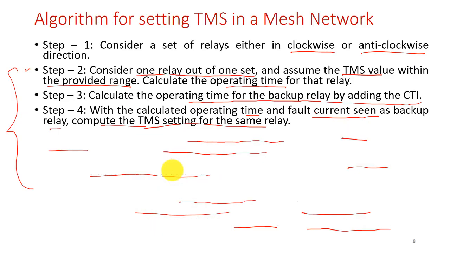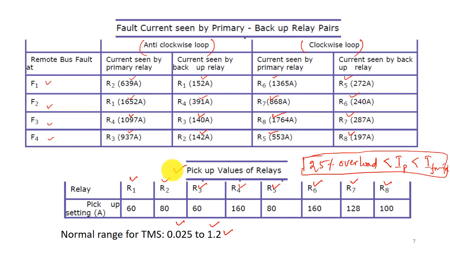So let us then see how we can solve this problem. The problem is given here, right? The maximum fault current seen by each relay as primary and backup relay is given, and the pickup values are given. Now how will we find the TMS setting?